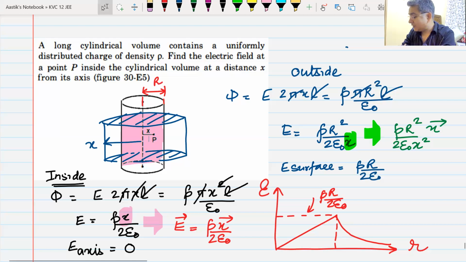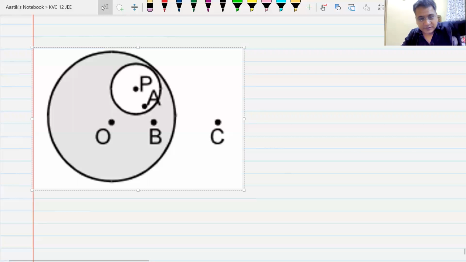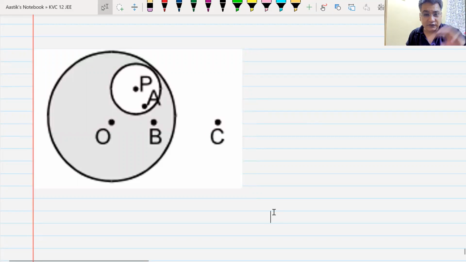Okay. So once we have done this, we can remind ourselves of this one. I hope you remember this question. This was a diagram that I had to fetch from the past. This was a sphere with a spherical hole, and we had found out that the electric field at any point inside that hole is constant.